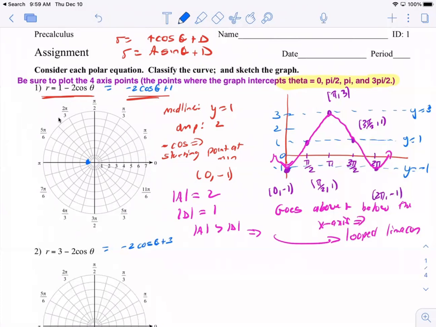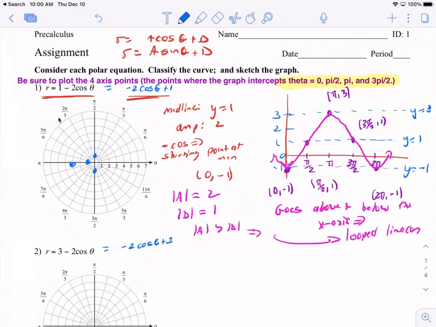Next is pi over 2, 1. Then we plot pi, 3. Then 3 pi over 2, 1. And that's all we need.